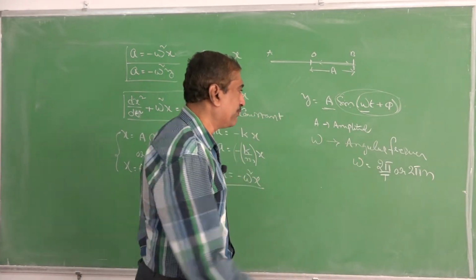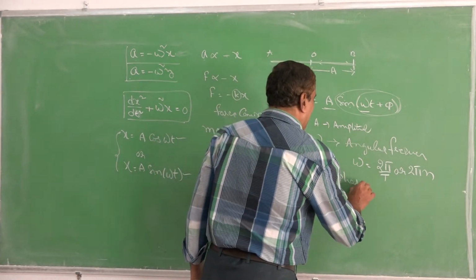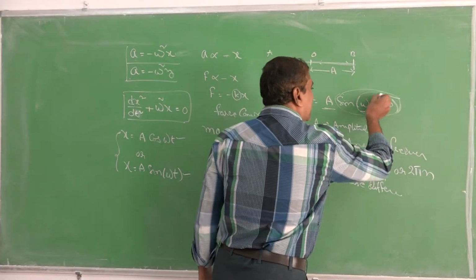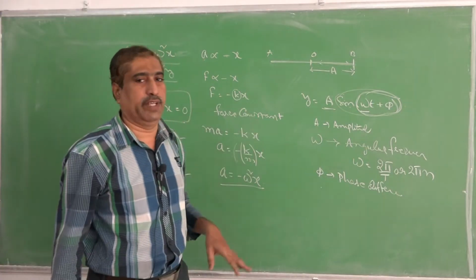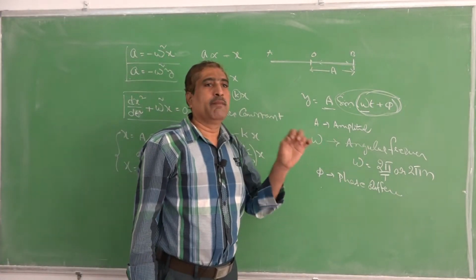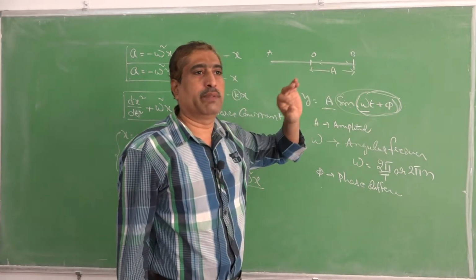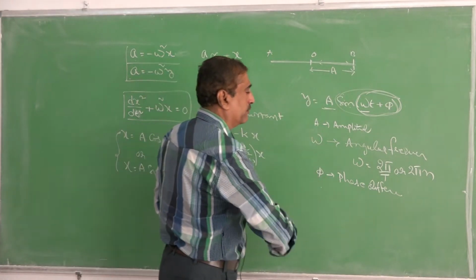Next, phi is the phase difference. The total term omega t plus phi is called the phase, which represents the state of vibration of the particle executing simple harmonic motion.